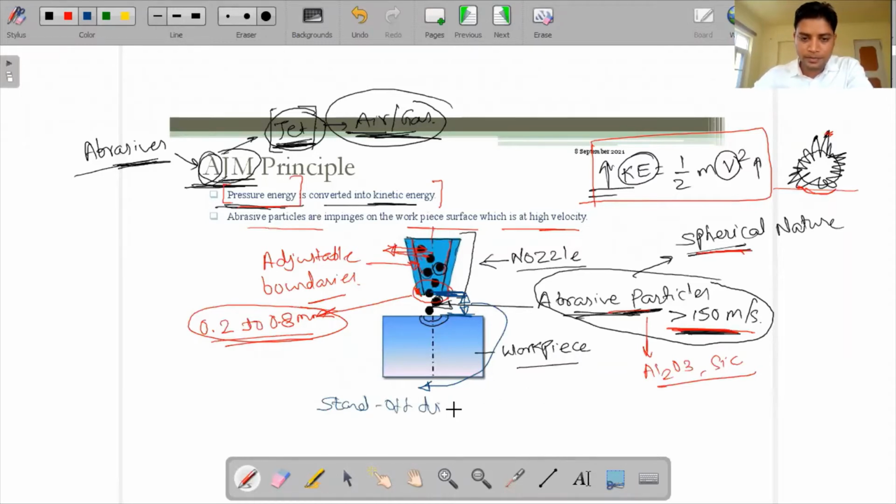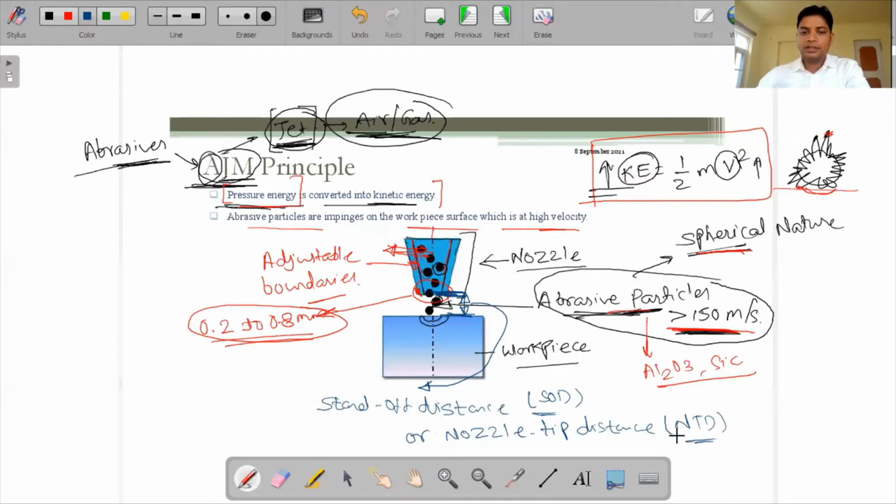In some books it is called the nozzle tip distance. Either SOD, standoff distance, or NTD, nozzle tip distance.